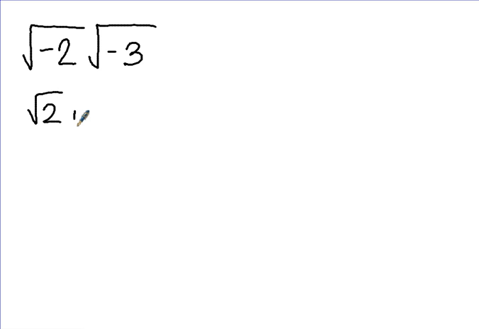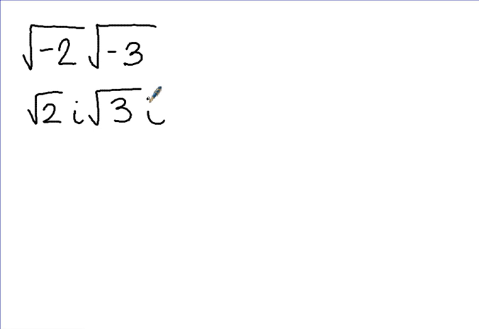We have the square root of negative 2 times the square root of negative 3. Now remember that a negative inside a square root symbol means that we pull out an i. So I could rewrite this as the square root of 2i times the square root of 3i. All right, then we're going to go ahead and multiply our like terms.